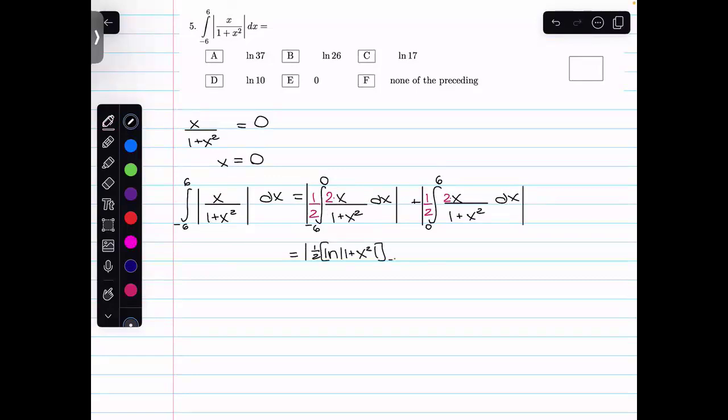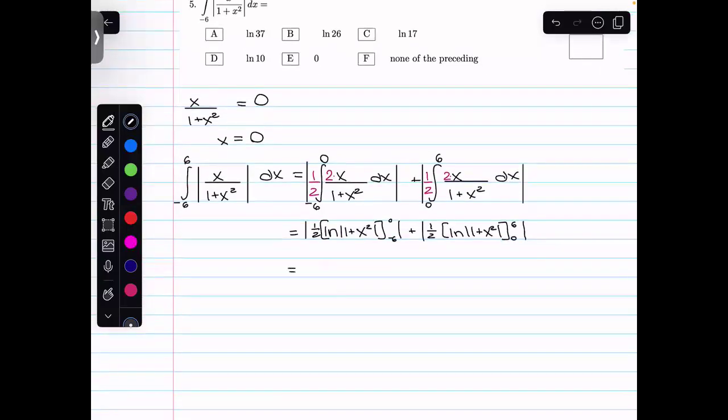And then you plug in the numbers. And the other one is very similar. It's actually the same, except that we're putting in different numbers.